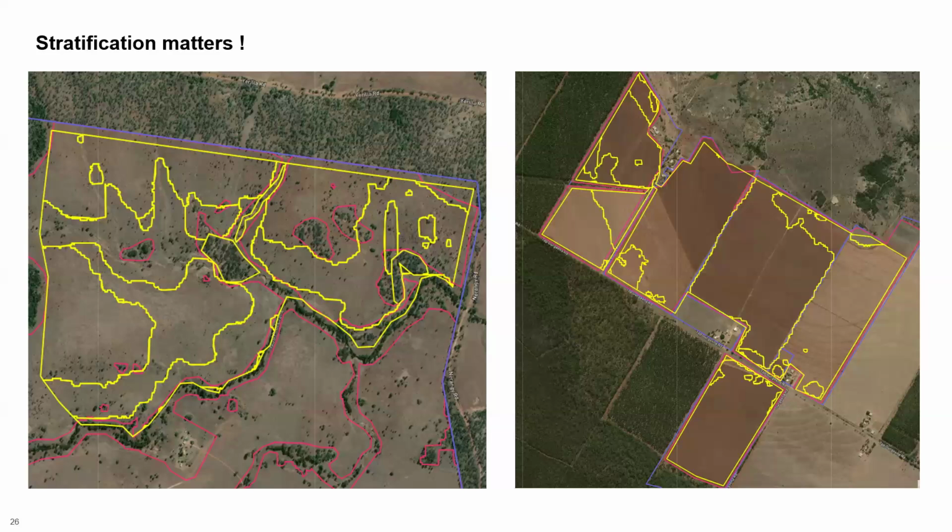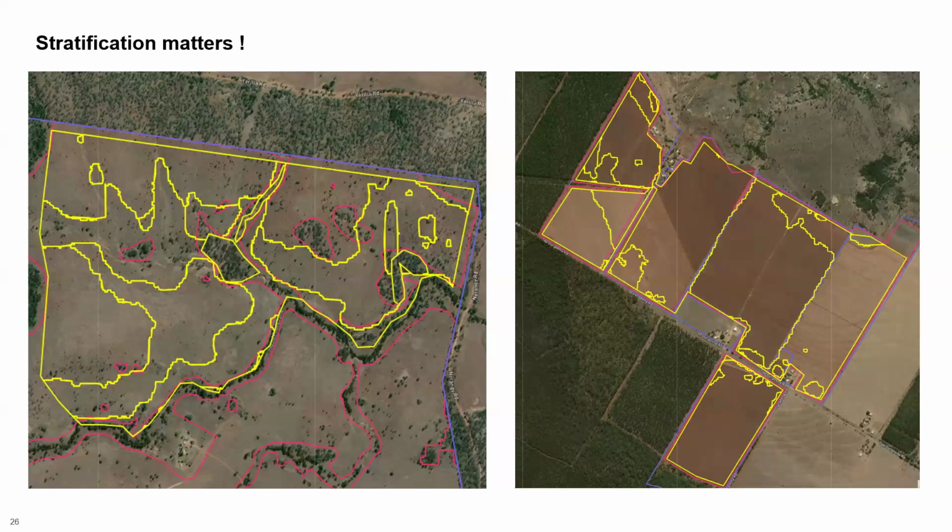I don't know if this is Carbon Link's IP or not, but I don't work there anymore. So the number was about 10 or 12 cores per strata, but that was based on the price of carbon being around $37 per ton.